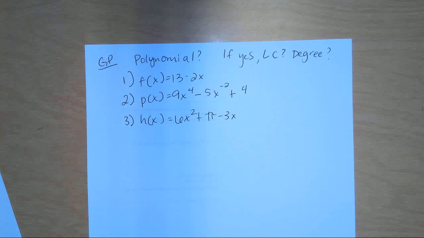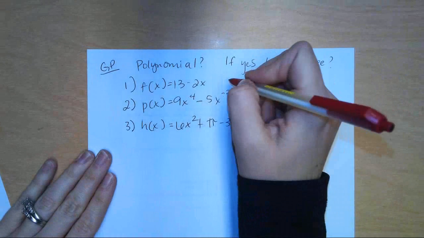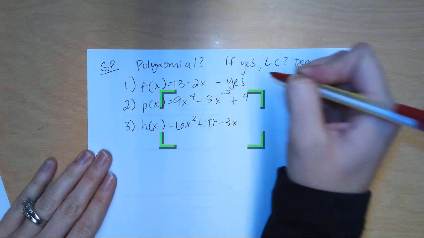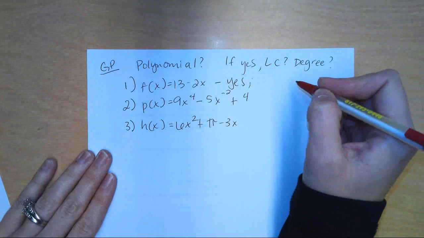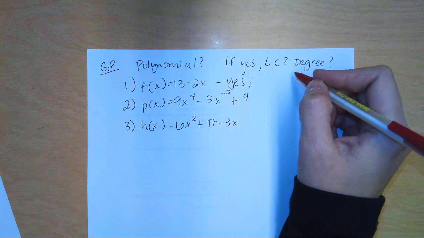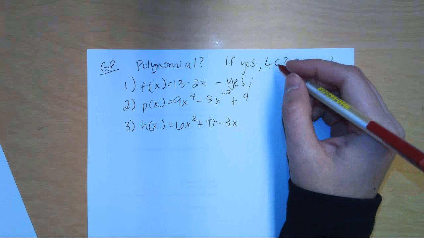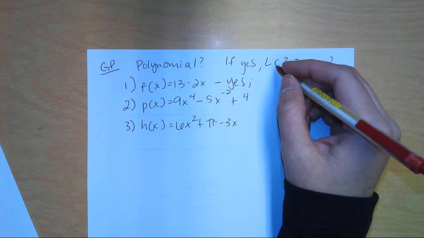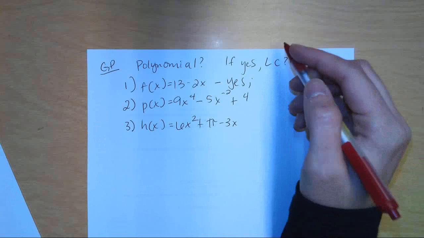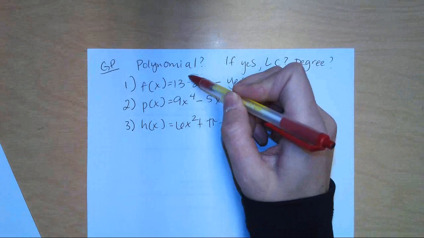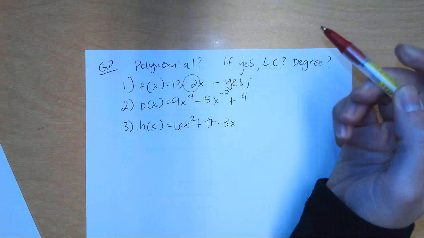Okay, Andrea, what do you think about number 1? Yes, it is a polynomial. I agree. Kevin, what is the leading coefficient? 1. On 1, yes. Negative 2.